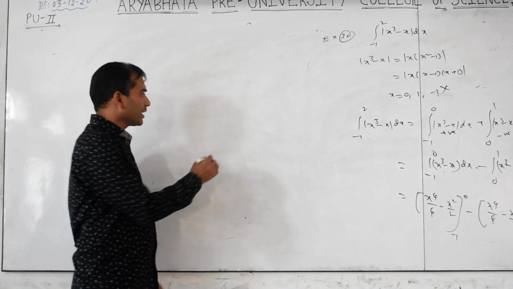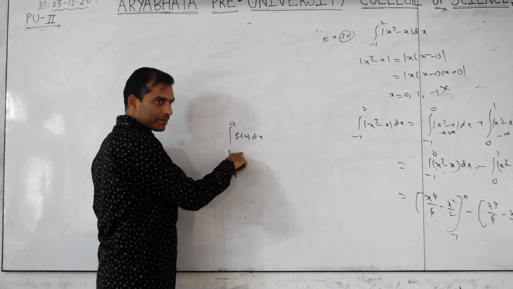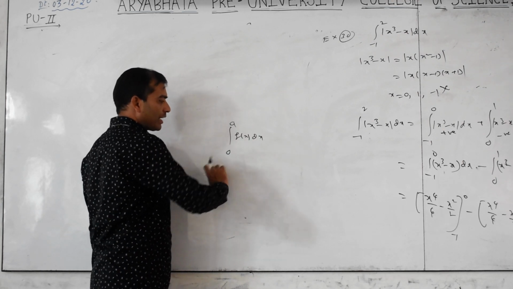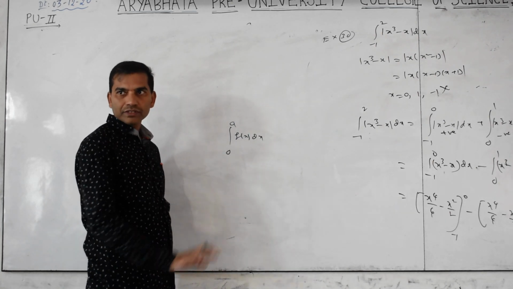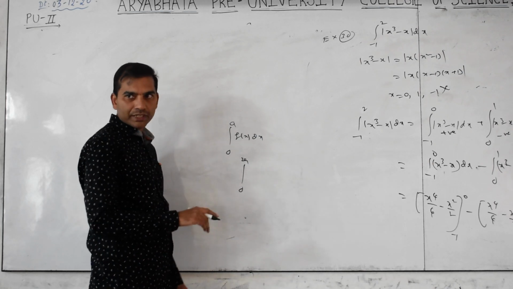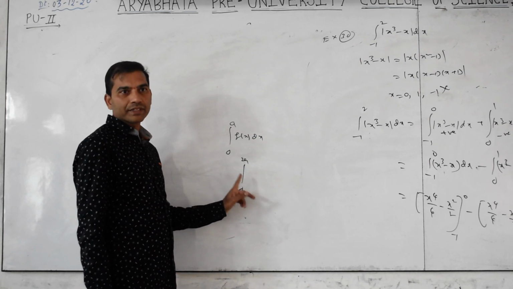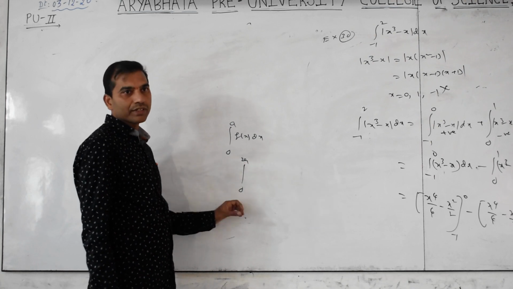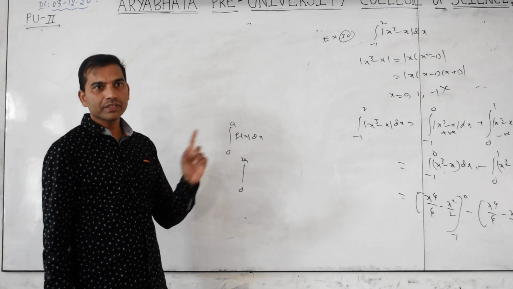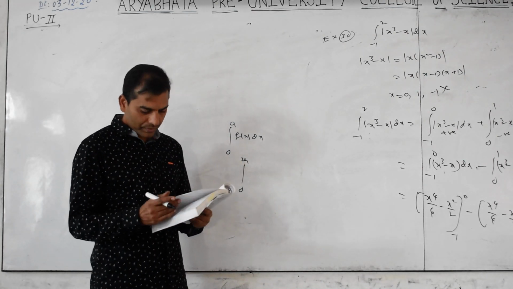For example, for integration of 0 to a, prove this property, practice it, and write the related problems together and practice. 6 marks will be from it. Next, for 0 to 2a, there are only 2 problems I think, and a third problem with this property. Make notes like that and practice. From this topic, 6 marks are guaranteed. Understood?